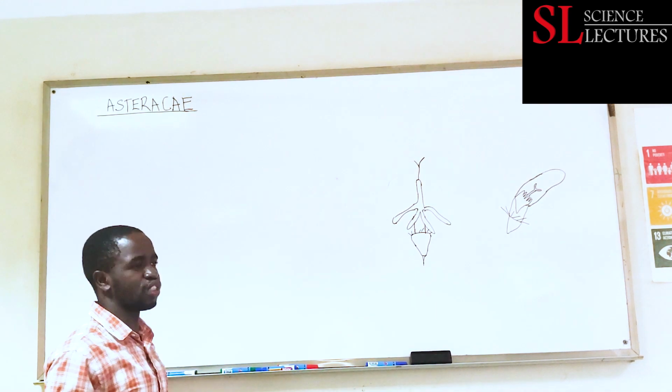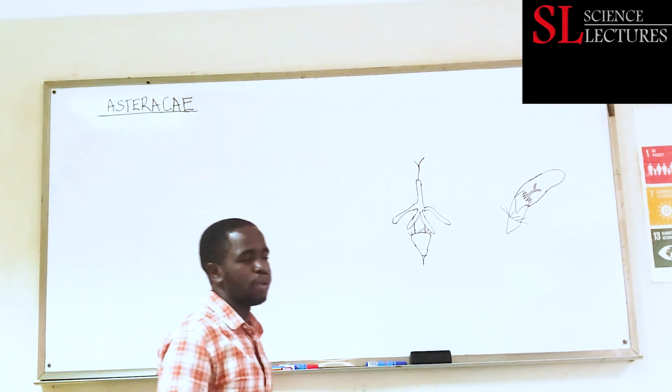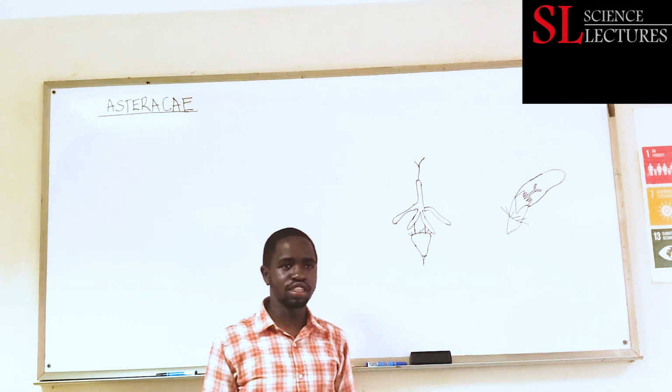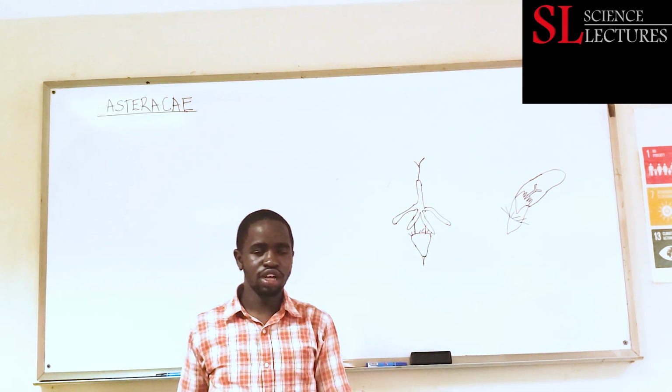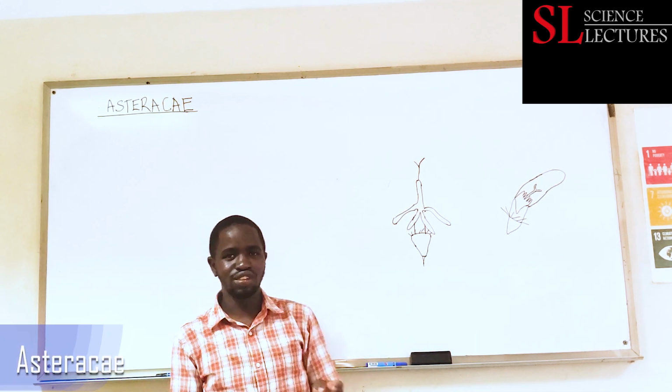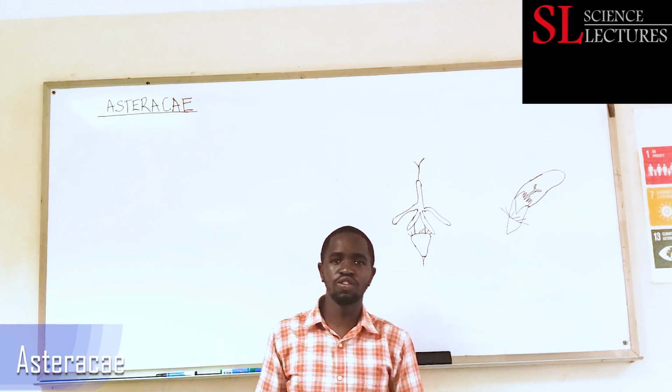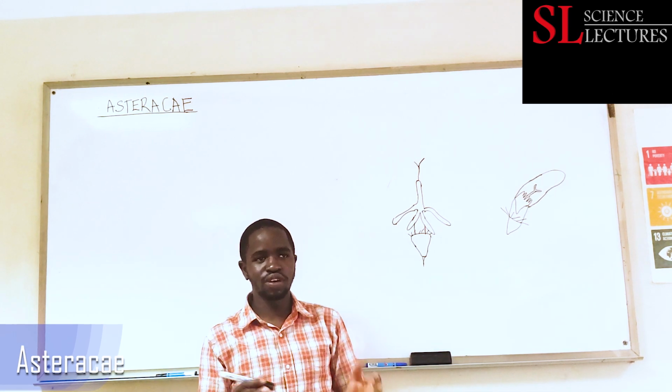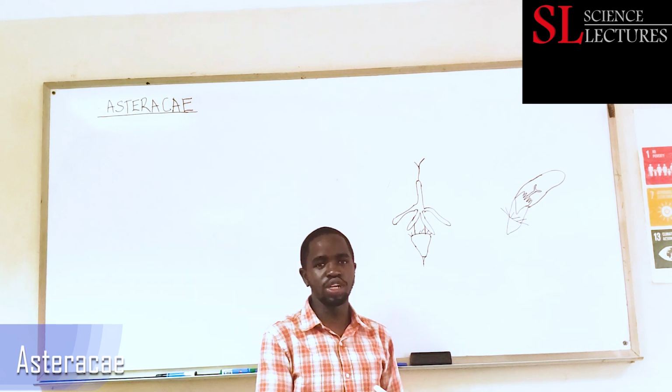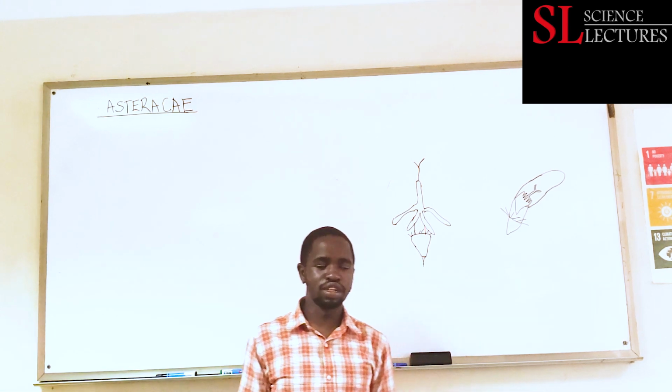This family is found in a variety of places. It is found within the deserts, within water, on land, and within swamps, so it is almost found everywhere. The members have adopted various mechanisms to suit the various habitats.